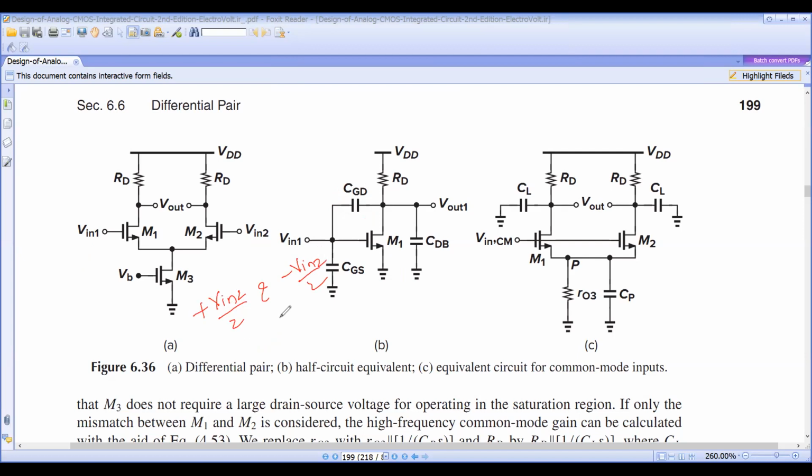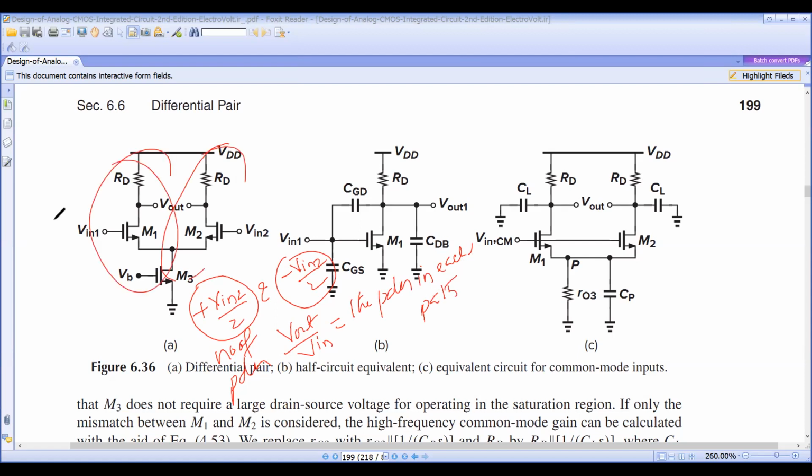So the number of poles in Vout by Vin is equal to the poles in each path, in this path and in this path.